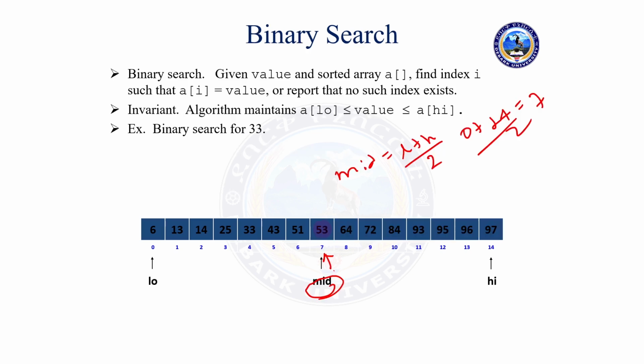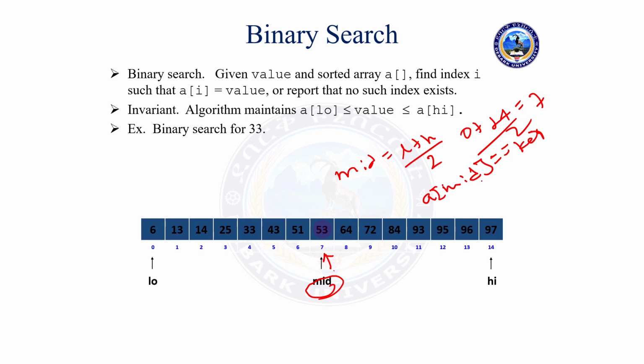After we get the mid index, we are going to compare the key value with the value at the index of mid, which means A of mid. We have to check whether A of mid is equal to key.